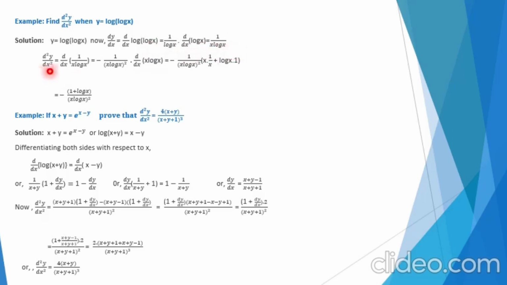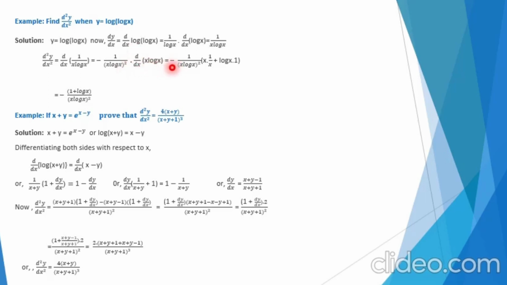Now d2y dx2 equals d dx of this function, that is dy dx, d dx of 1 by x log x. Using the formula d dx of x to the power minus n, we get minus 1 by x log x whole to the power 2 into d dx of x log x.